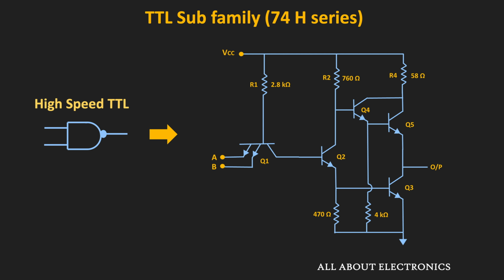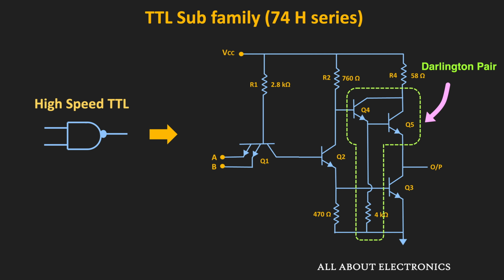Further, to increase the speed, on the output side, the Darlington pair is used. As you know, the Darlington pair provides a higher current gain, roughly equal to beta square. When this Darlington pair is in the on condition, due to this higher current, the capacitive load at the output charges faster, and hence we have a faster turn on time.